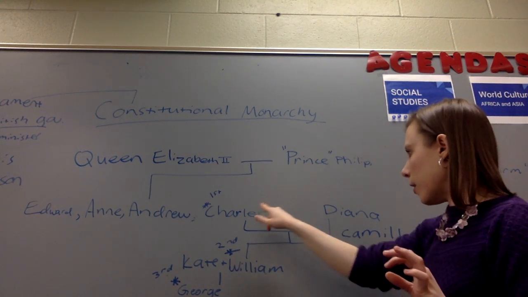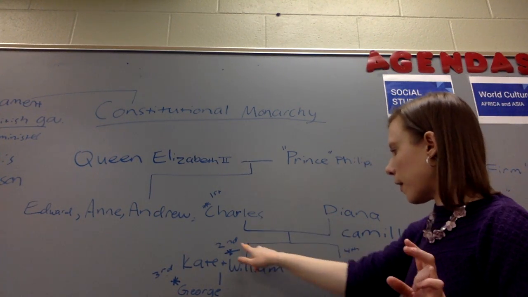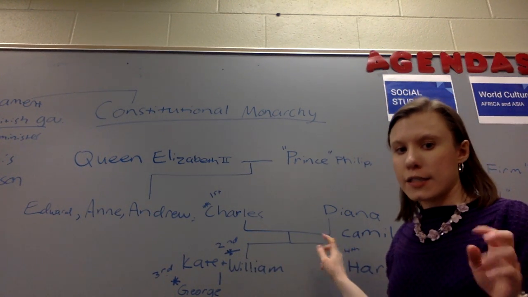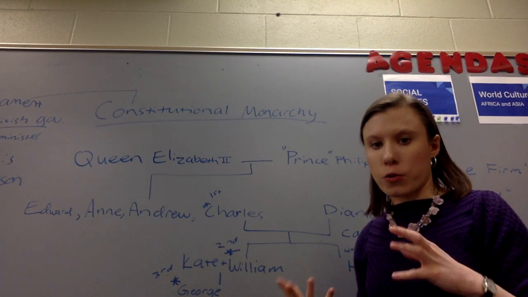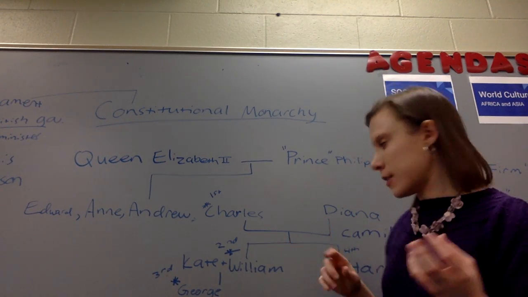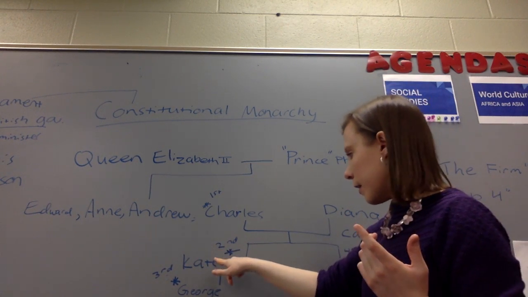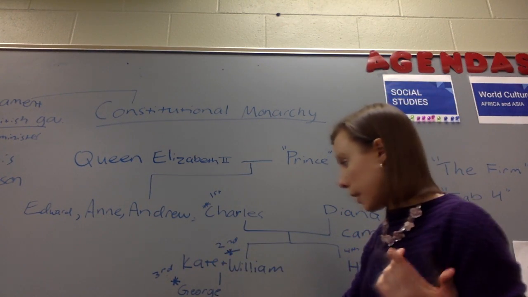And originally, when Charles and Princess Diana were together, that would have made William second in line and Harry third in line. But since William and Harry became older and started having families, then William married Kate, who was also a commoner, and then together they had George, Charlotte, and Lucas.